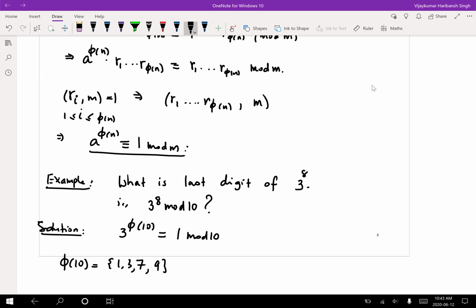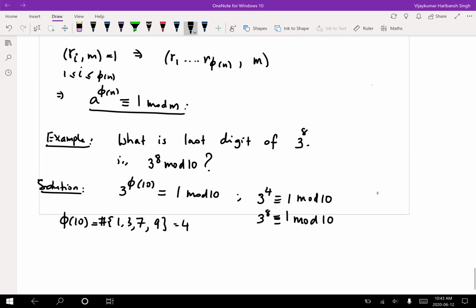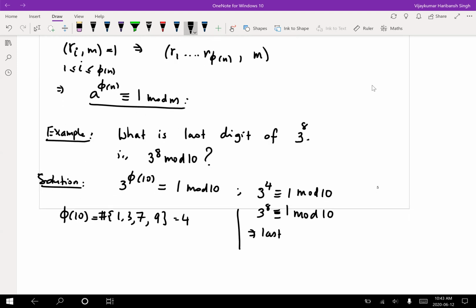So phi of 10 is the size of this set, which is 4. So 3 to the power 4 is congruent to 1 mod 10. Squaring both sides, I get 3 to the power 8 is congruent to 1 mod 10. So therefore the last digit is 1, right?